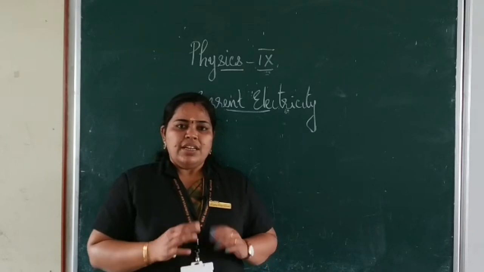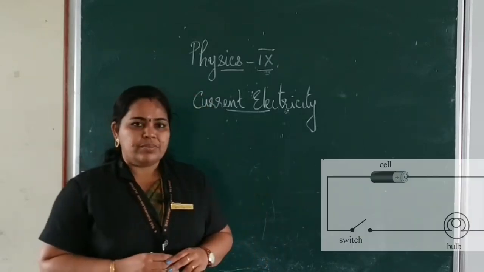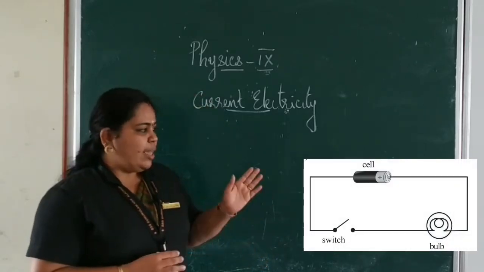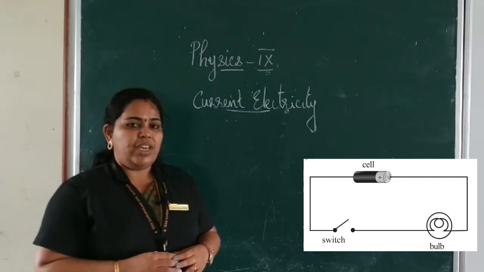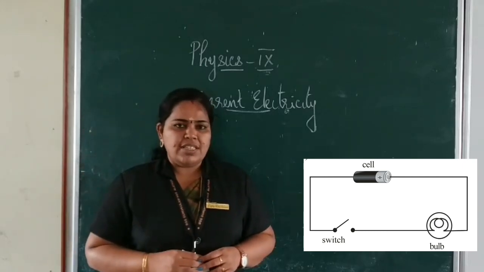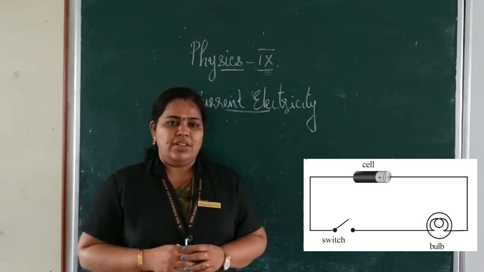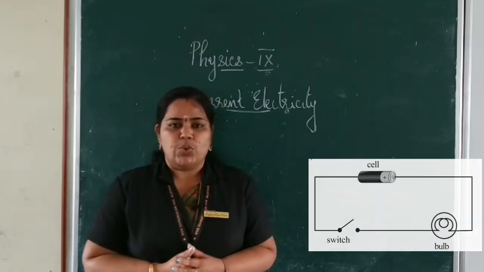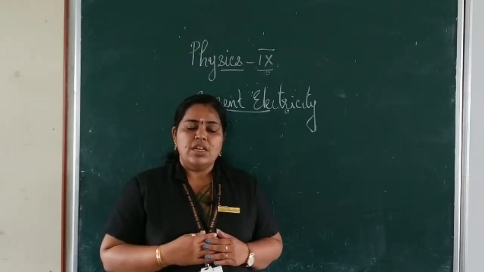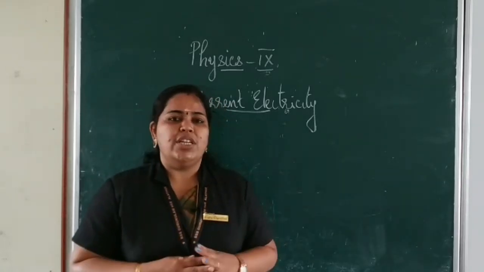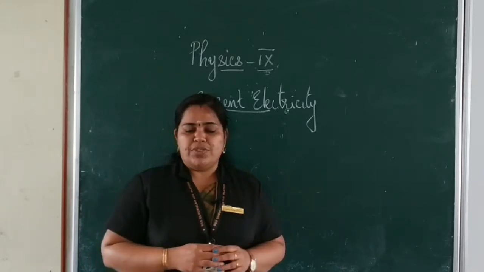Is it clear? Now look at this picture. Here you can see a bulb is connected to a cell through a switch, isn't it? Now what happens when the switch is on? We can see the bulb glows. Here the bulb glows continuously till we switch off the circuit.